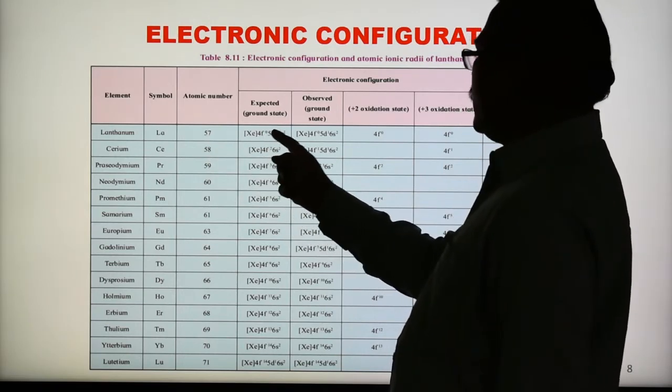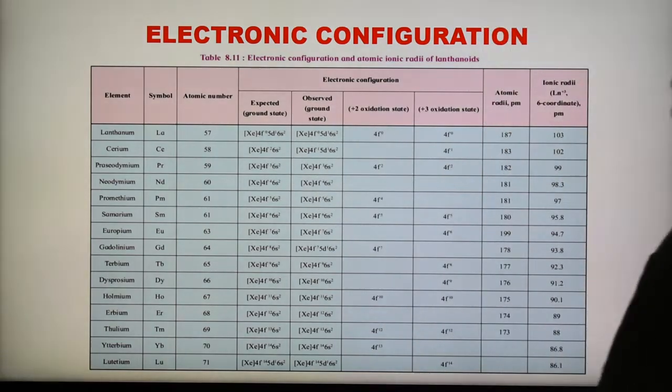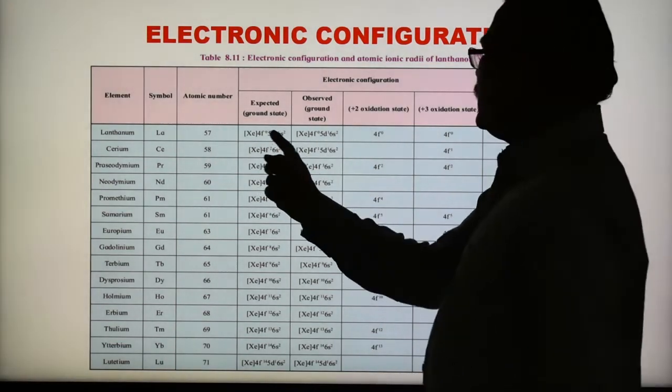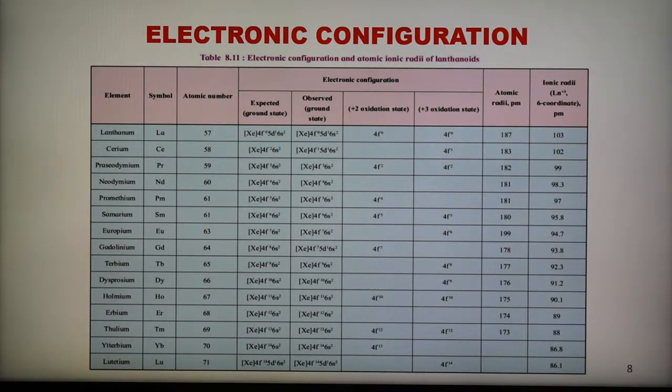So lanthanum, the first member, has atomic number 57: 54 for xenon and 3 electrons here, 4f0, 5d1, 6s2. As atomic number increases, electrons increase one by one. This shows that all the lanthanides have an inner core of xenon, but the electronic configuration of the 4f block element is still not very clear, since in xenon the 4f and 5d subshells are empty.